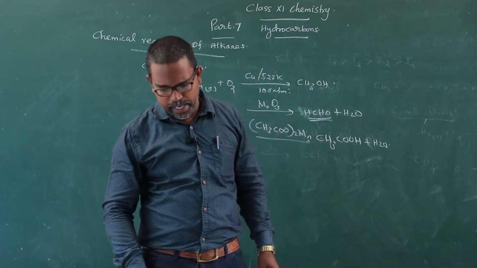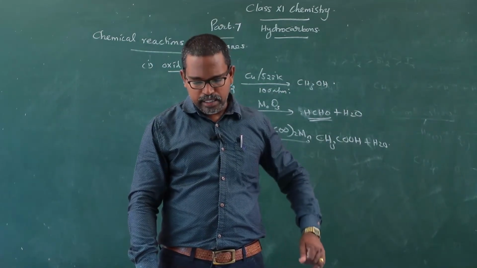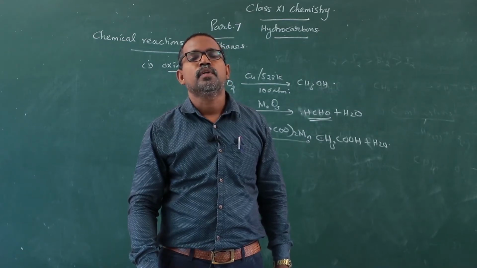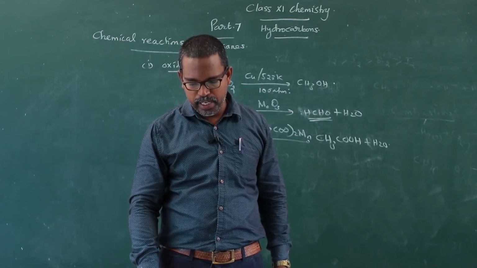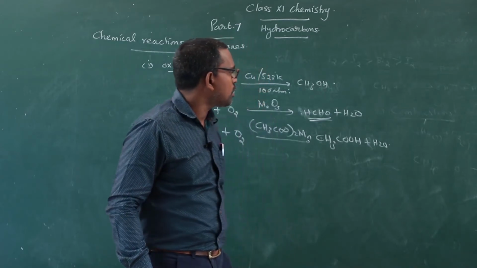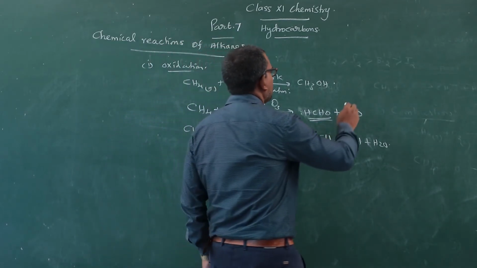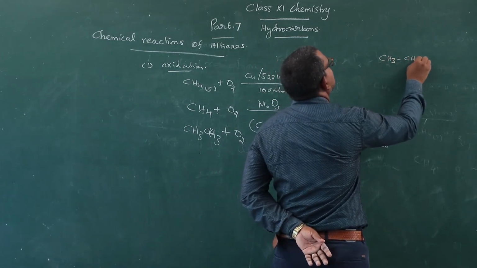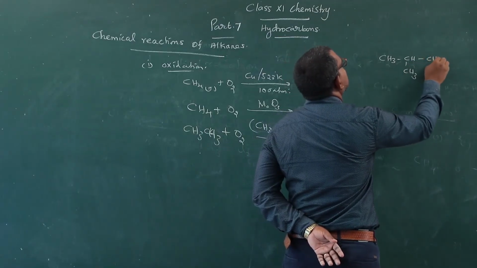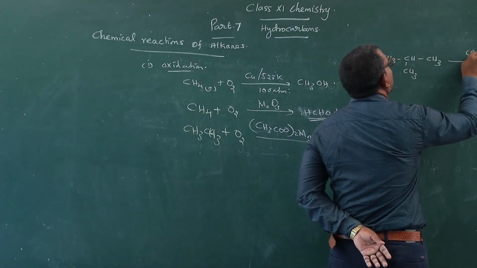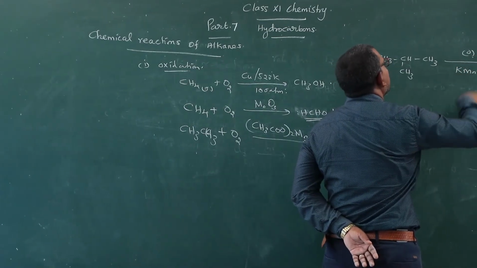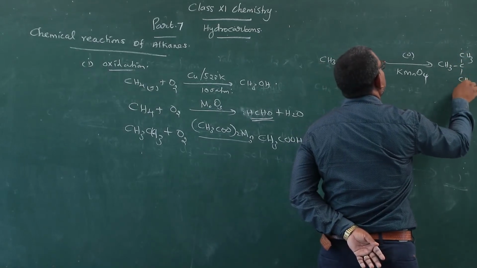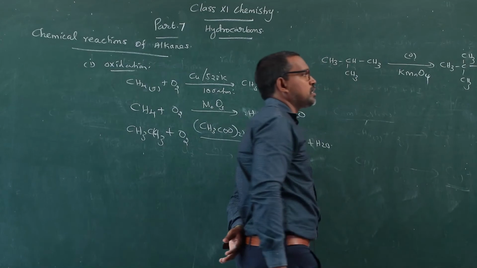And another case, the branched alkane 2-methyl propane, on oxidation with potassium permanganate gives tertiary butyl alcohol. What is the formula for 2-methyl propane? CH3, CH(CH3), CH3. This compound on oxidation with potassium permanganate gives tertiary butyl alcohol, 2-methyl-2-propanol.